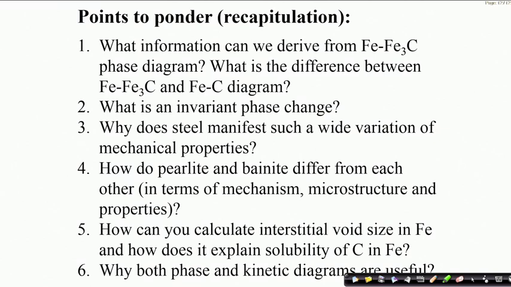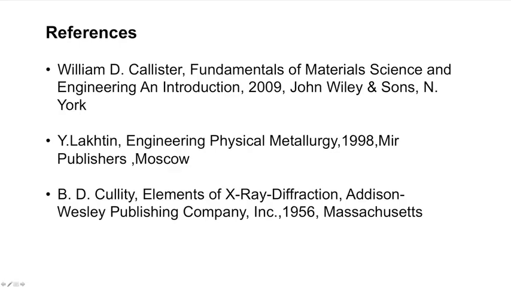For example, when we talk of solubility, you certainly refer to a thermodynamic diagram. When you talk of evolution of phase aggregates or the rate at which they appear, you have to refer to a kinetic diagram. The last thing I need to mention is that all these discussions are related to the bulk of the steel.